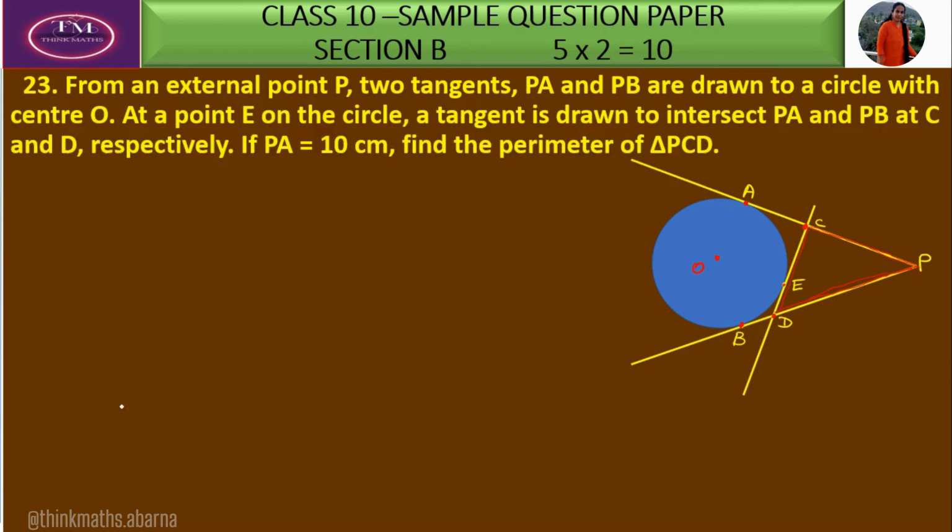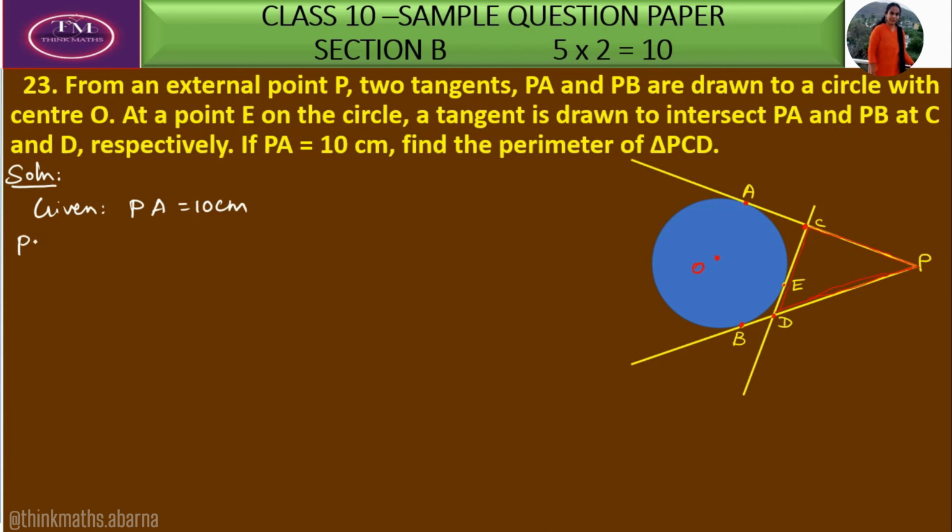Okay children, so now let us start the solution. It is given that PA is equal to 10 centimeters. What do we know about tangents from an external point? We know that tangents from an external point are equal. So we get PA is equal to PB. There are some more tangents.